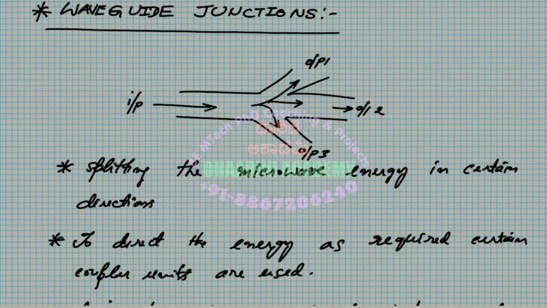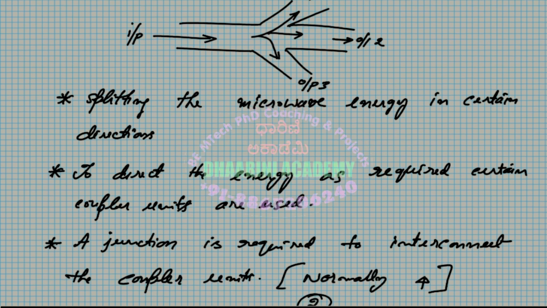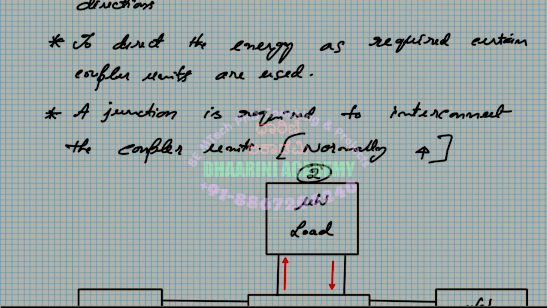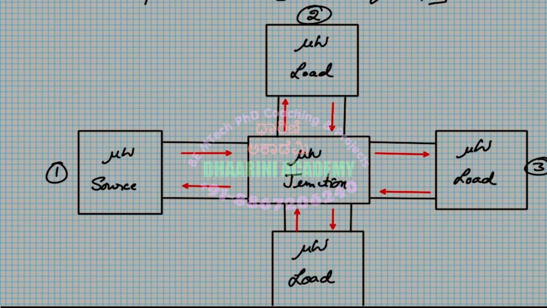In the previous class, we were looking at waveguide junctions. We considered what we mean by a junction and what the general structure is. We considered a junction with four different ports.